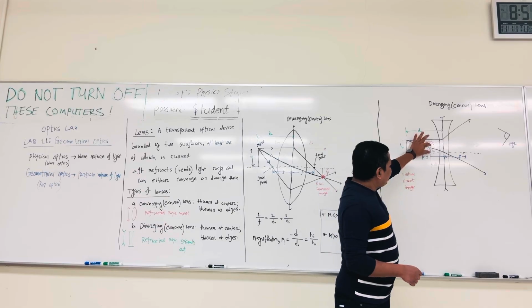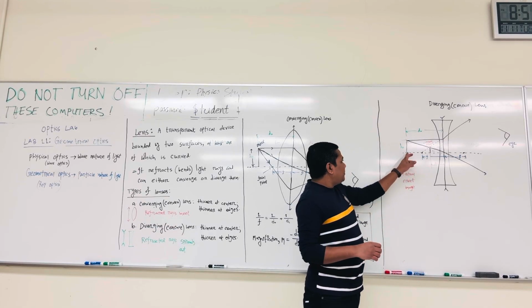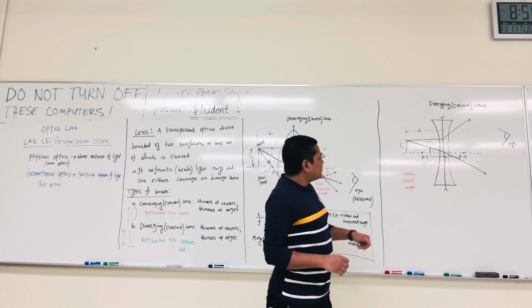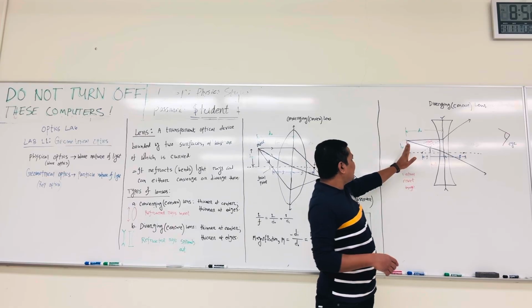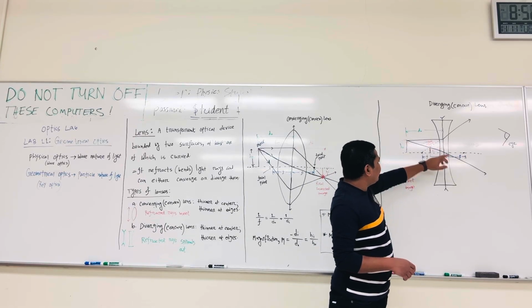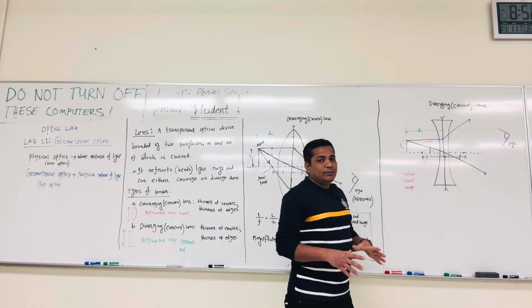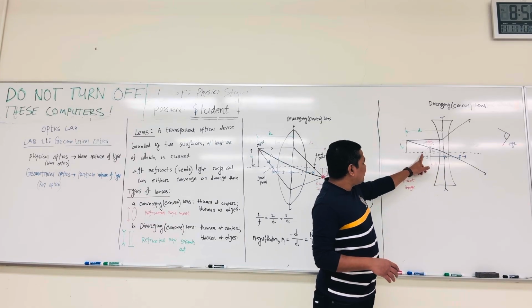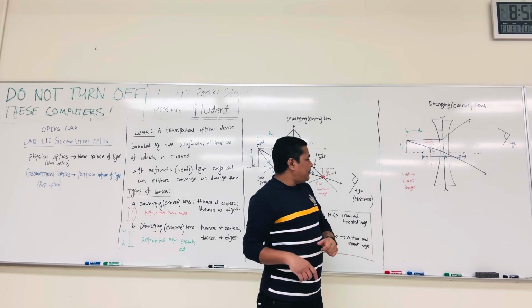And here also the image is smaller in size compared to the object. The distance from the object to the lens is DO, and the distance from the image to the lens is DI. We also have the focal length from this focal point to the lens, which is denoted by F.